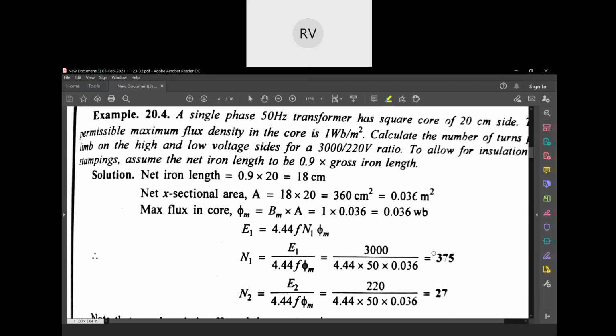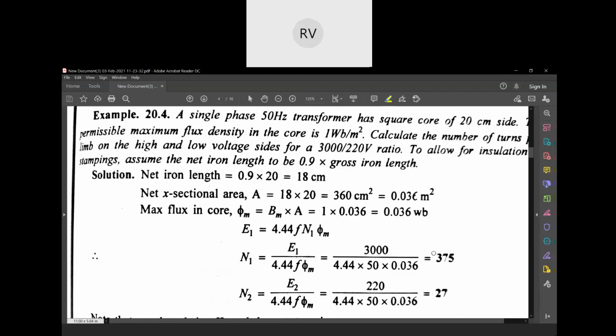So here he is giving us that the core is a square of 20 centimeters, having a side of 20 centimeters. But because we need to allow for the insulation, he is saying that the net length of the side should be taken as 90% of whatever the length is. That is 0.9 into 20, which gives us 18 centimeters.